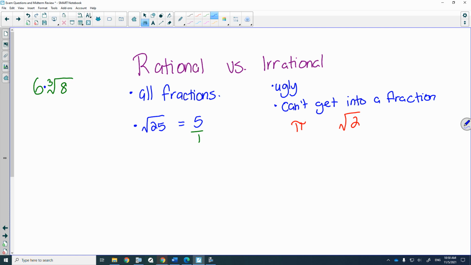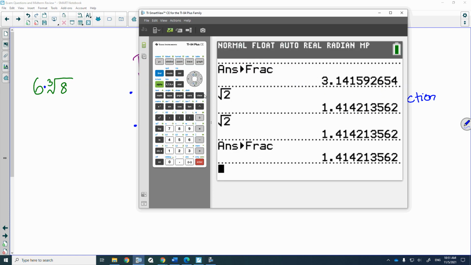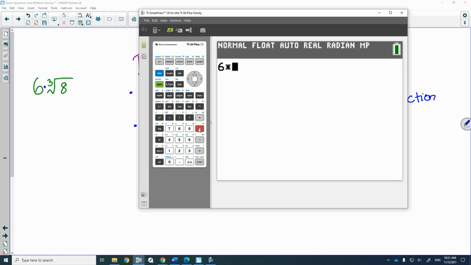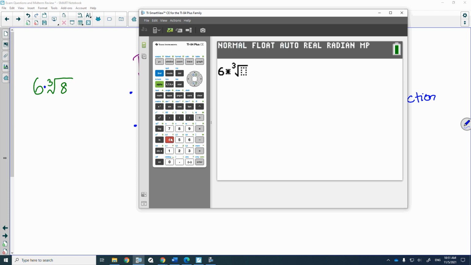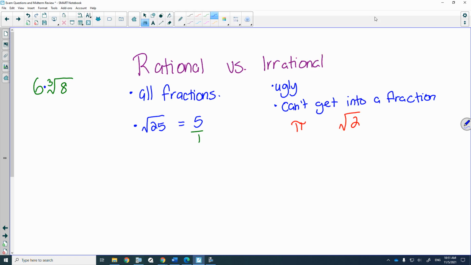So how you would do that is you would hit 6 times, your roots are under your math button, number 4. Third root of 8, it gives you 12, right? That answer is 12. So that would go in this column, 6 times the third root of 8.